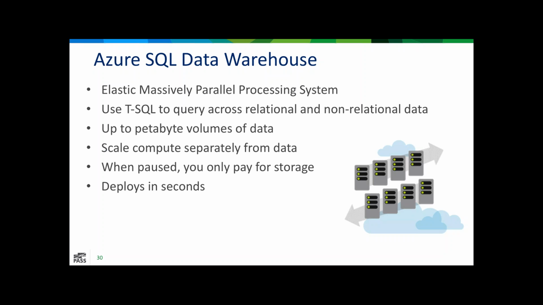And it is what's called a massively parallel processing system. What that means is that we have multiple servers hosting your single database, and those servers each have a portion of your data. It's called a shard. So each one of those nodes just has one little shard of your data.